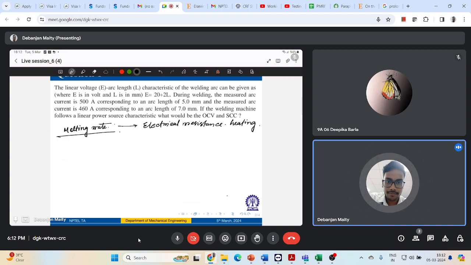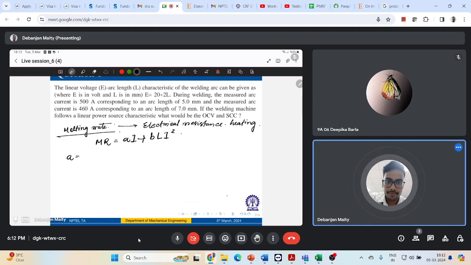Depending on your polarity and the metal you are using as your electrode, the melting rate can change. This empirical formula is defined as AI plus BLI squared, where A and B are constants of proportionality.